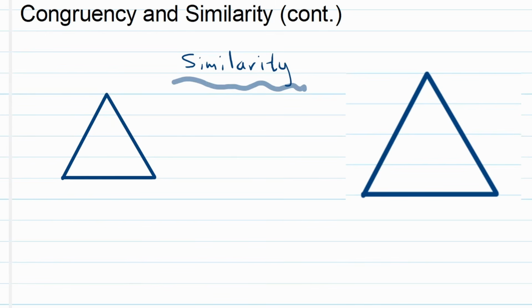But take note, if we are comparing angles, let's say angle A with angle D, and angle B with angle E, and angle C with angle F, angle A is the same as angle D. The angles did not change. Okay? The actual size of the triangle changed, but the angles did not change. Angle B is still the same as angle E. And angle C is still the same as angle F. But you will notice here the sizes are different.